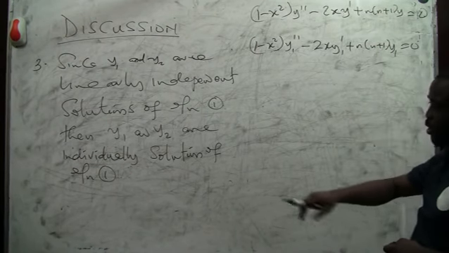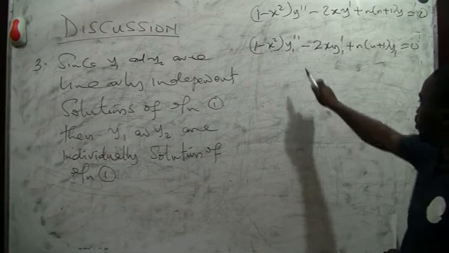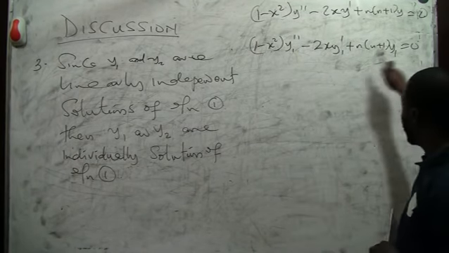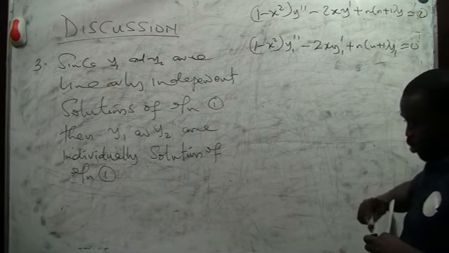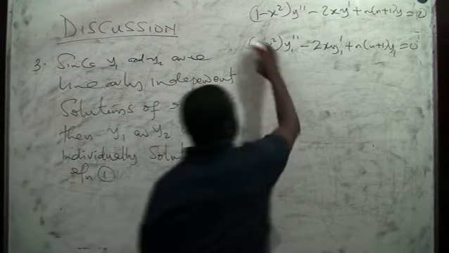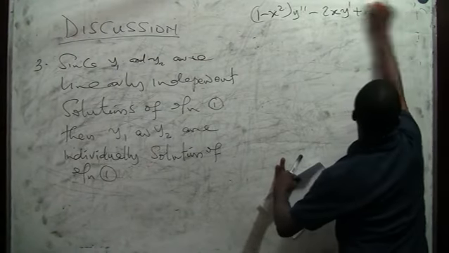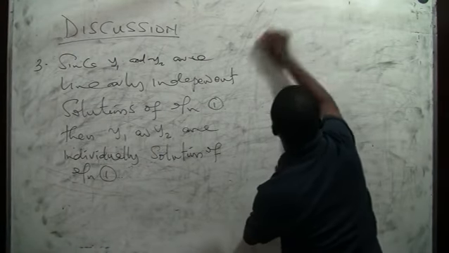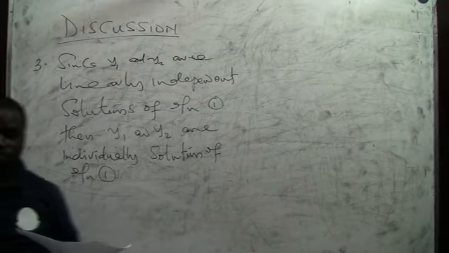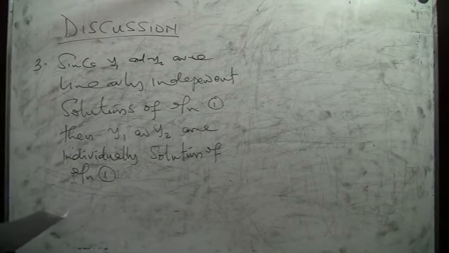The solution we obtained initially, substitute it into the left hand side of this expression, the final answer must automatically become 0. This can be verified. Similarly, the same applies for y2, since the two solutions are linearly independent.